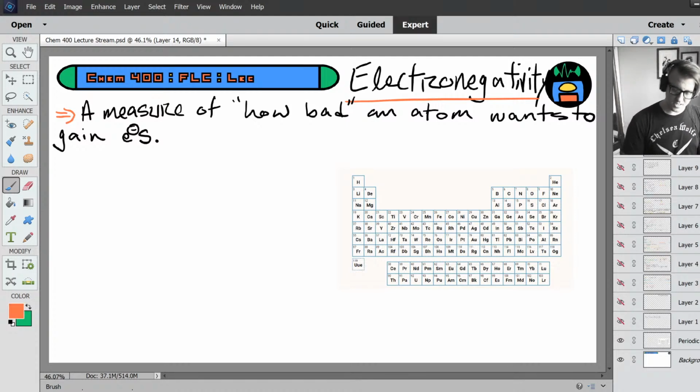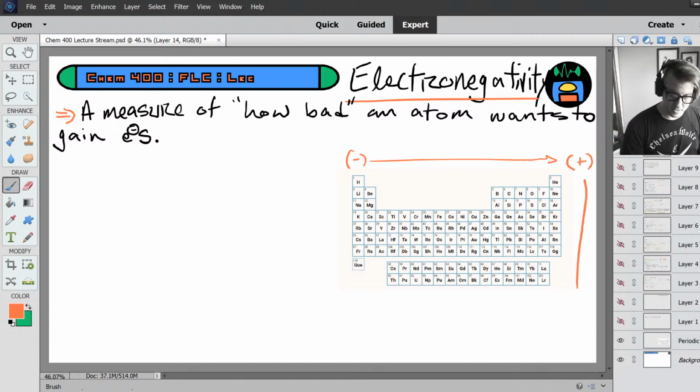All right, and electronegativity trends across the periodic table as you move from left to right. The electronegativity of atoms increase, and as you move from the bottom to the top, the electronegativity of atoms also increase. So the most electronegative elements are up in the top right, and the least electronegative elements are down in the bottom left-hand corner.